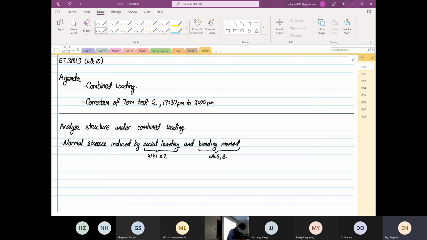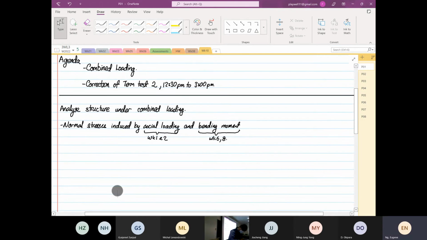So we know that the normal stress, which I happen to pick in the x direction, is equal to Px over A, plus or minus My over Iyy times z, plus or minus Mz over Izz times y.